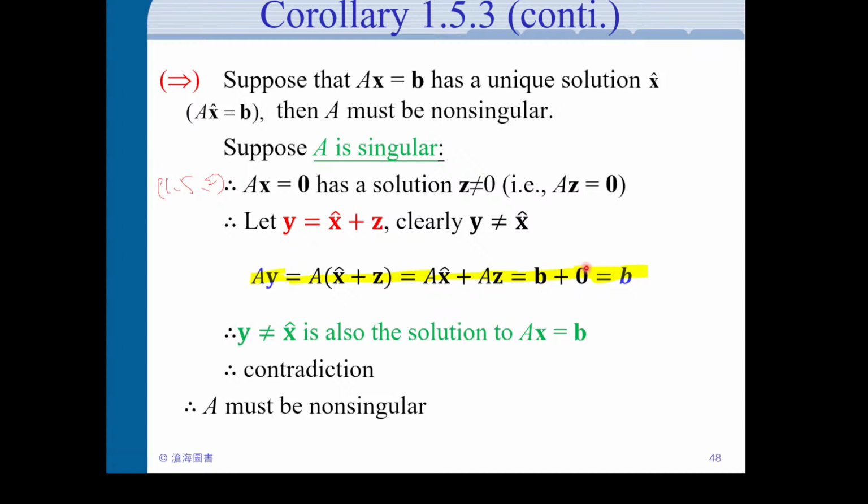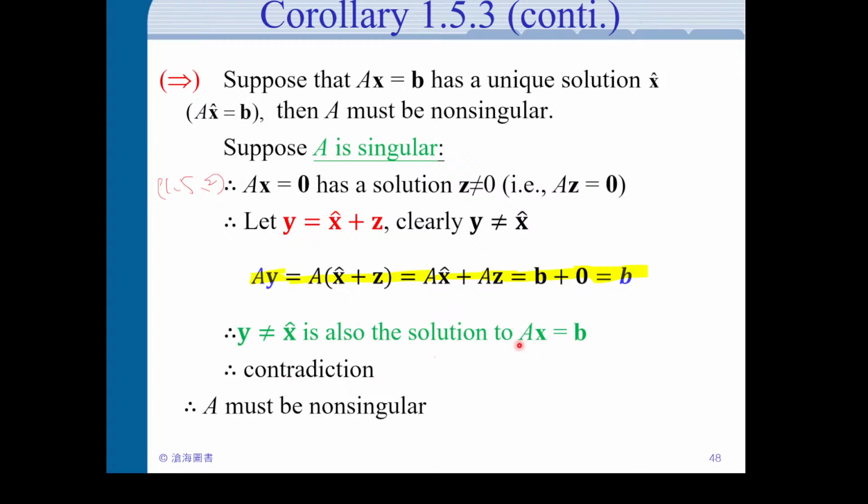And b plus 0 is just b. So we see Ay is also equal to b. And then we see that y, not equal to x hat, is also a solution to Ax = b.